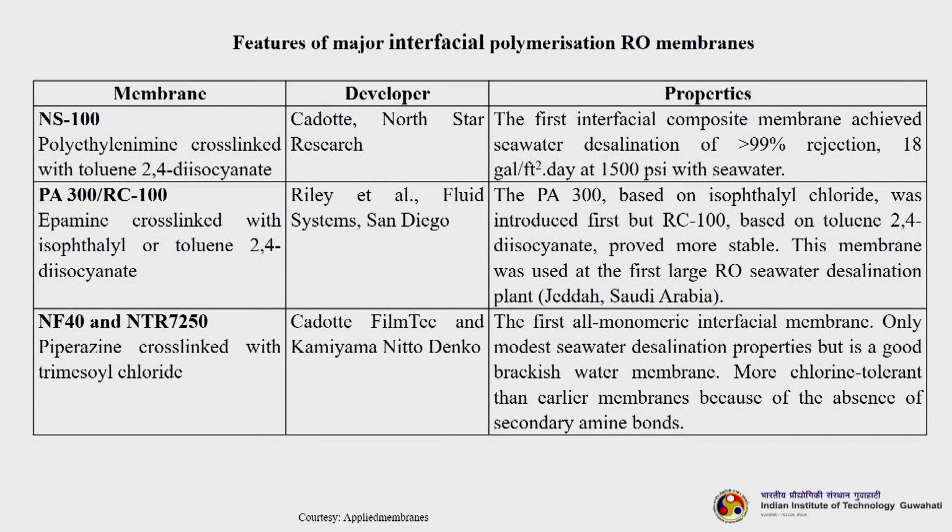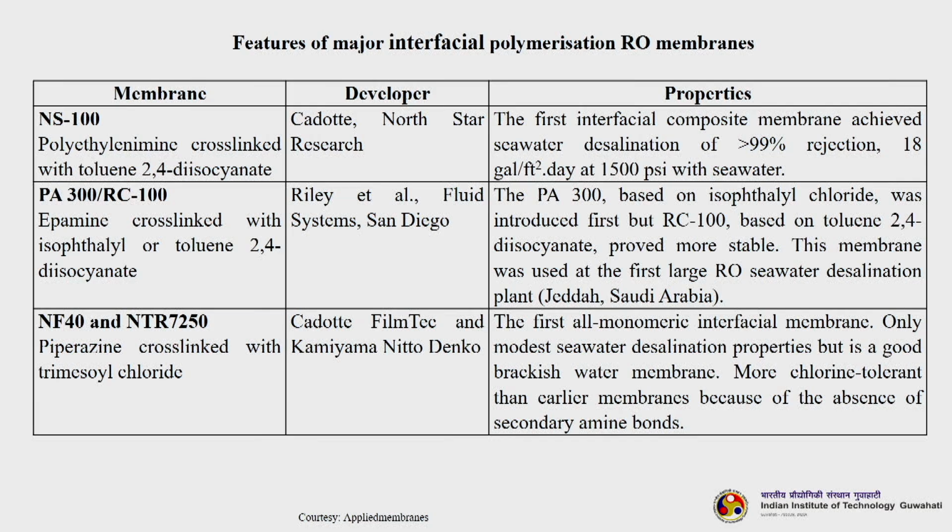The developer is Cadotte at North Star Research. What are its properties? This is the first interfacial composite membrane that achieved a desalination of greater than 99% rejection, and a flux of 18 gallons per square foot per day with 1500 psi seawater.